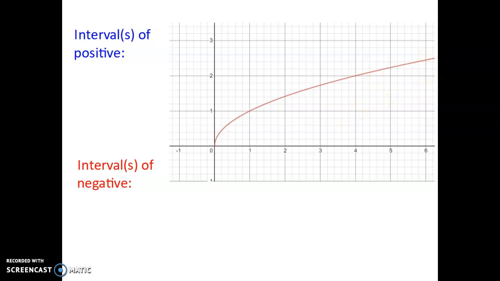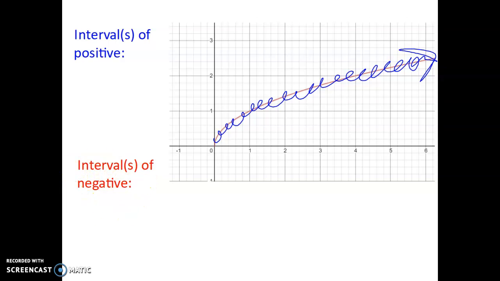All right, let's look at intervals of positive and negative. Remind yourself of what that means. What does it mean for a graph to be positive? It means the graph is above the x-axis. So I'm going to color the part blue that's above the x-axis. I remember that I have an arrow here. Then I'm going to color the part red that's negative.